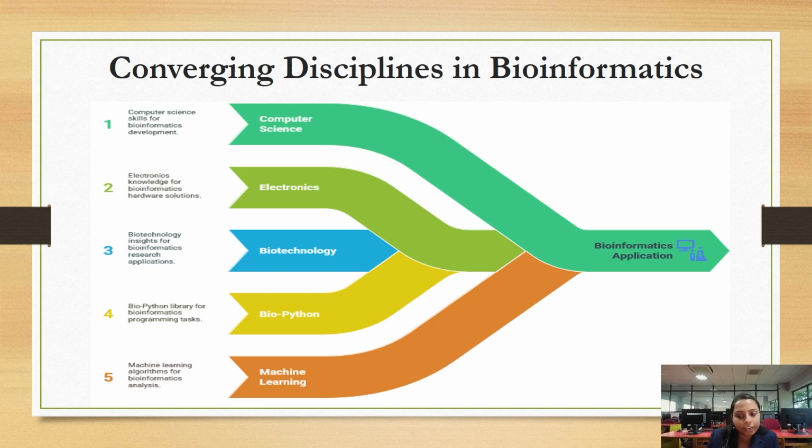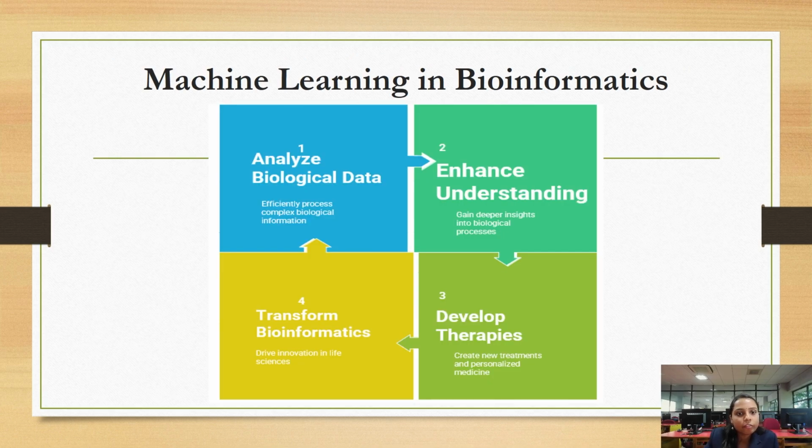Next, with machine learning in bioinformatics, we analyze biological data, efficiently processing large amounts of complex data in an easier way. Then we enhance our understanding of the deeper processes of biological activity happening in our body.